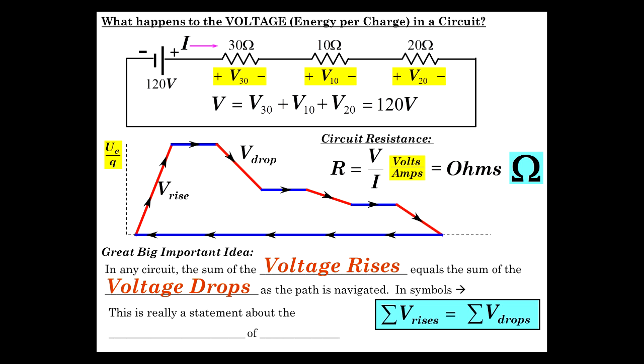And the reason that's fundamentally important is because it is consistent with a law of nature known as the conservation of energy, because we're talking about the energy of the charges. So however much energy is put in can be removed, and when we go around a complete loop of a circuit, it's always the case that the rises and the drops are the same, for conservation of energy.